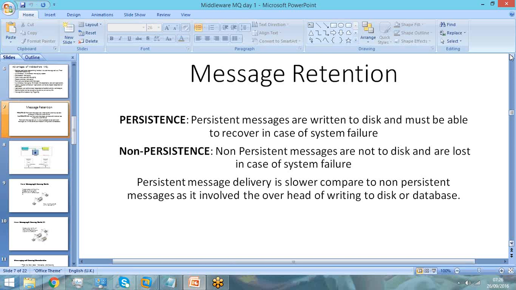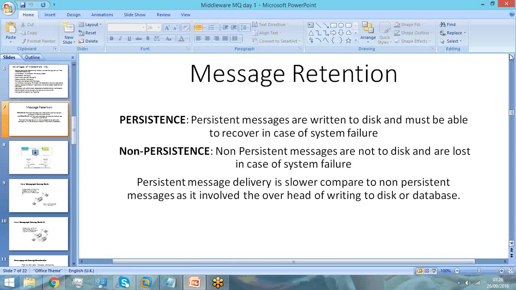When you see persistent and non-persistent, there's another overhead. Persistent message processing becomes a bit slow compared to non-persistent message processing. Why? Because persistent messages have the overhead of being written to disk. With a non-persistent message, there is no overhead of storing it in the disk.